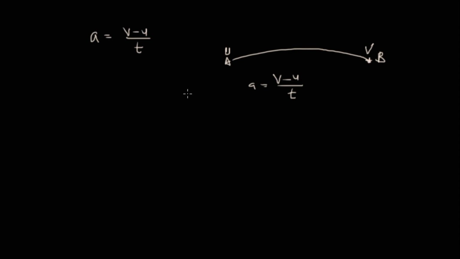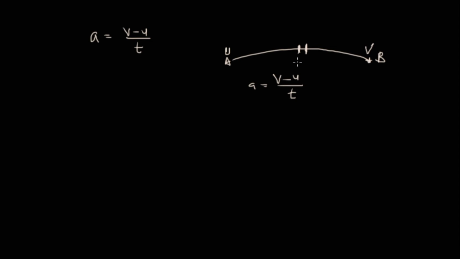Now the instantaneous acceleration is the acceleration at a particular instant. It is also the limiting value of the acceleration when change in time tends to 0. That is, if a body accelerates from point A to point B, we can find the acceleration at a particular instant in time.